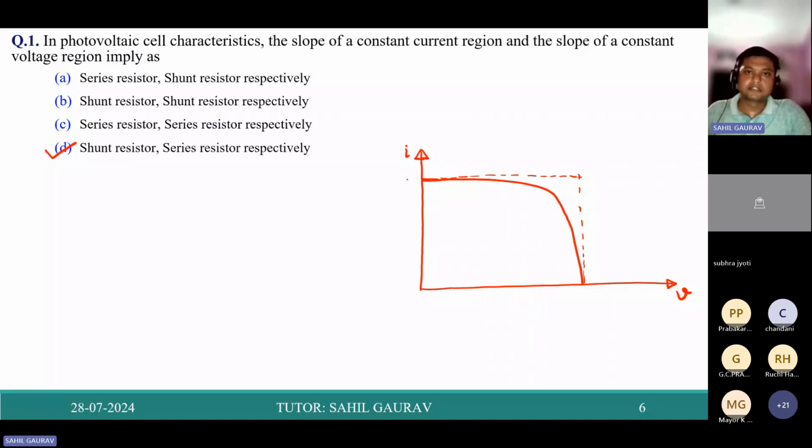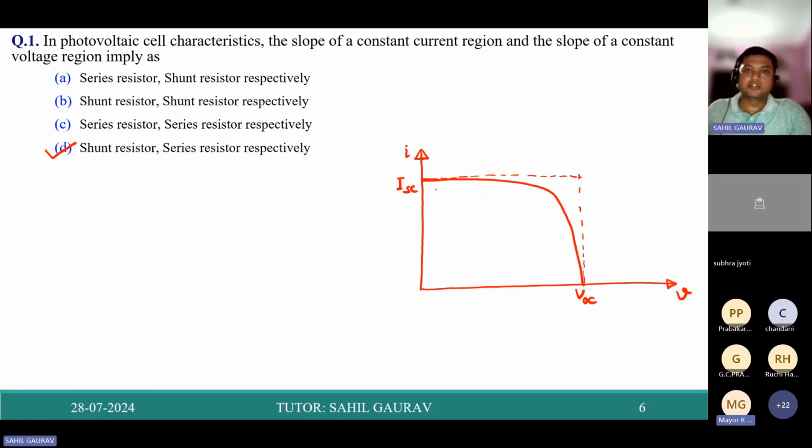This is the short circuit current, and this is the open circuit voltage. This is not a straight line, so why does the bend happen?